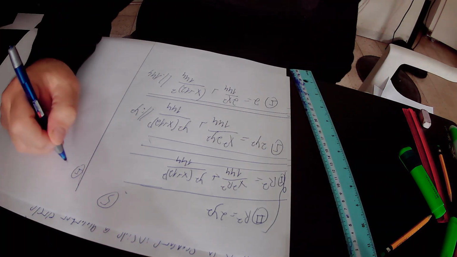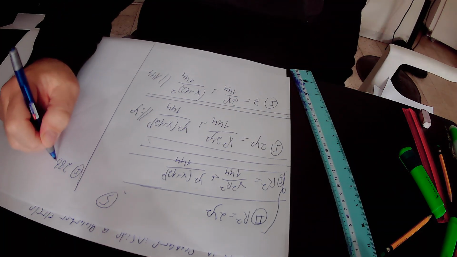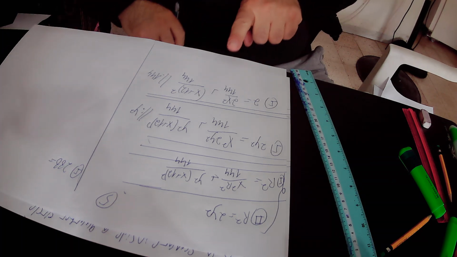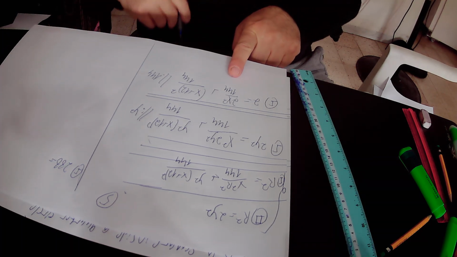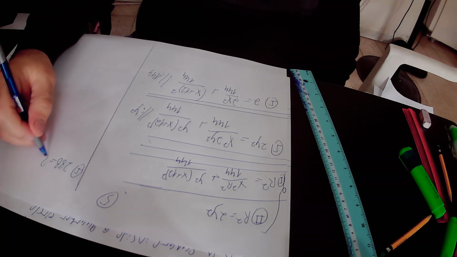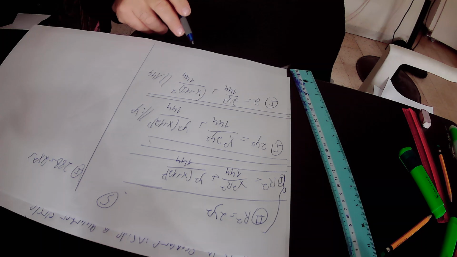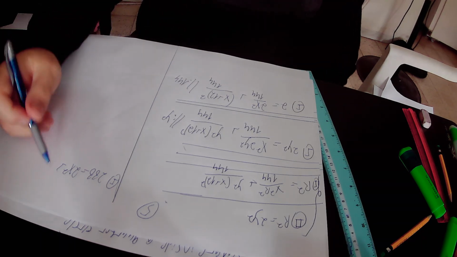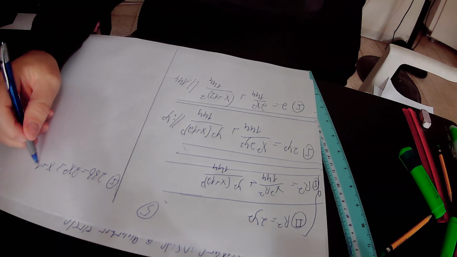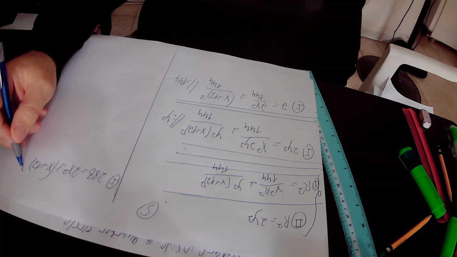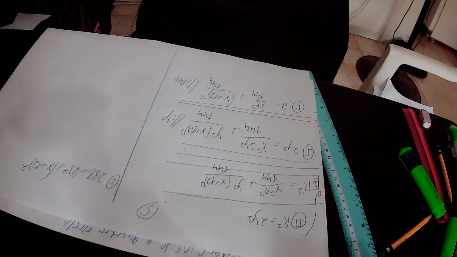Two times 144 is 288, and here 144 will get cancelled, and we have 2x squared, plus here 144 also will get cancelled, and we have x plus 12 squared. So according to equation 1, we found out that 288 equals 2x squared plus x plus 12 squared.